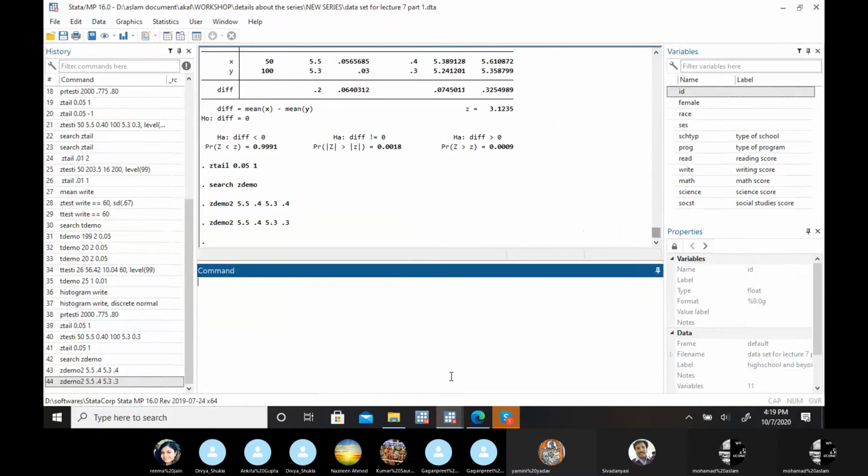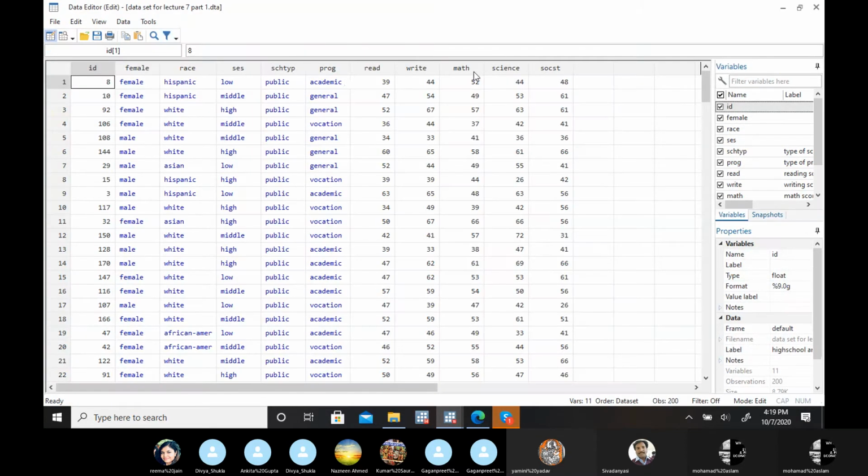Let's suppose I'm interested in comparing, with any variable you can take, let's take math score. I want to see whether the average math score is different in male and female or the same. In this data set, you have the variable male and female, and you have this score.